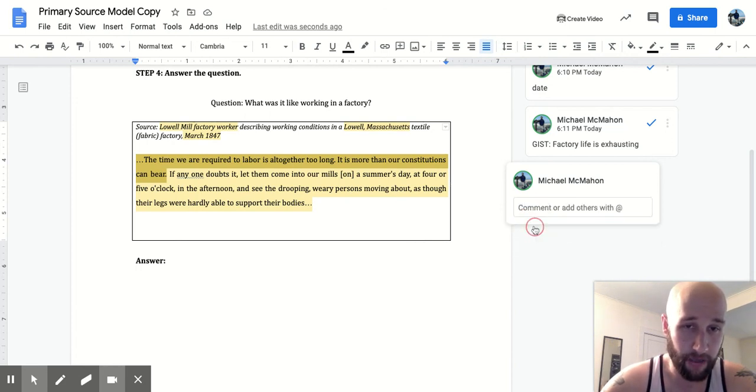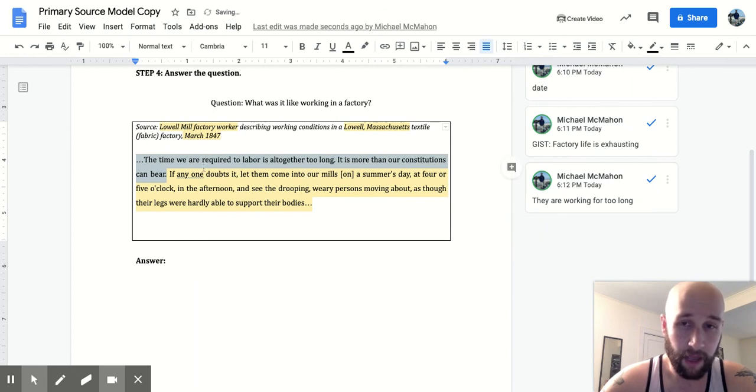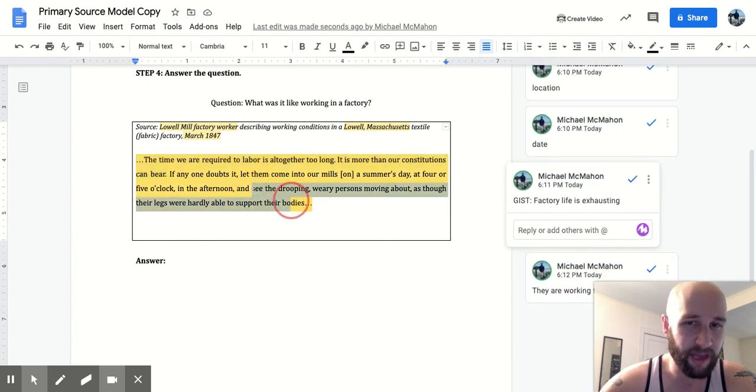That's a comment. And the other thing that really stood out to me when I read it was they talked about how if anyone doubts it, let them come in on a summer's day and see the drooping, weary persons moving about as though their legs were hardly able to support their bodies. So this last statement really kind of sticks with me personally.